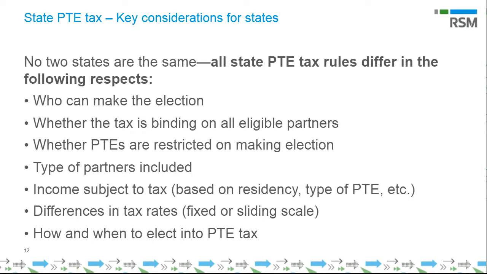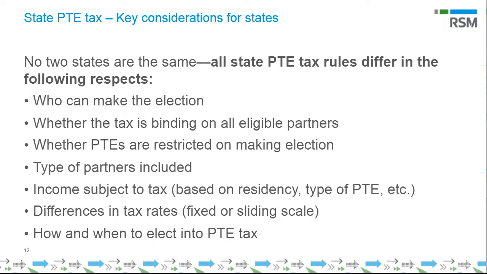Now, from a state perspective, partner A, when he files his resident return, will have a $50 tax credit to offset his New York state tax liability. And partner B, as a non-resident of New York, would have to file a non-resident tax return. And when they file their return, they would have a $40 credit to offset their state tax liability.